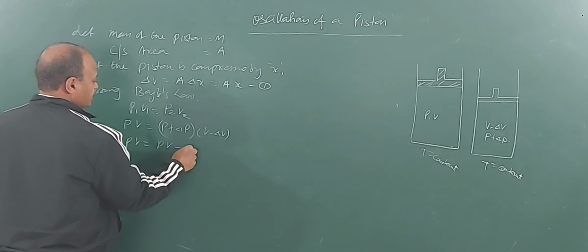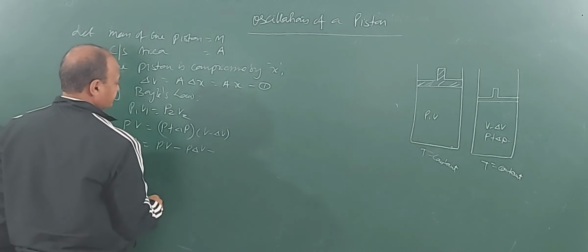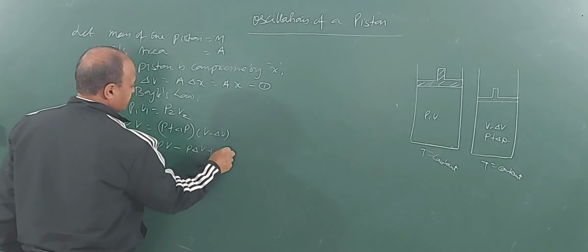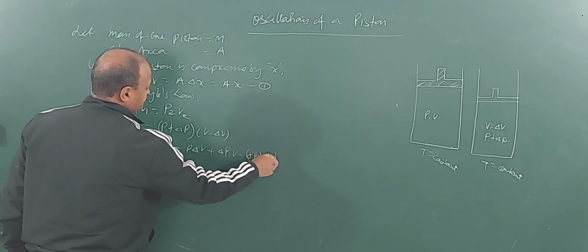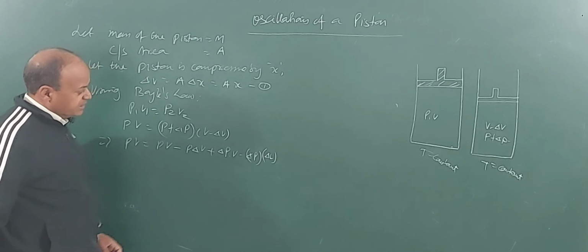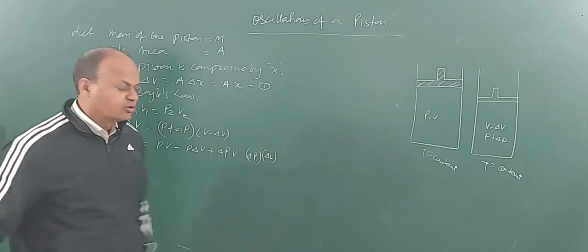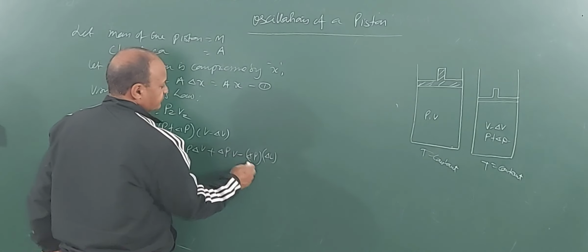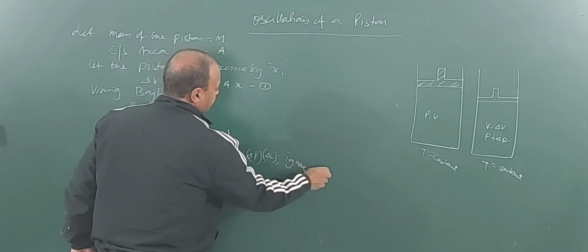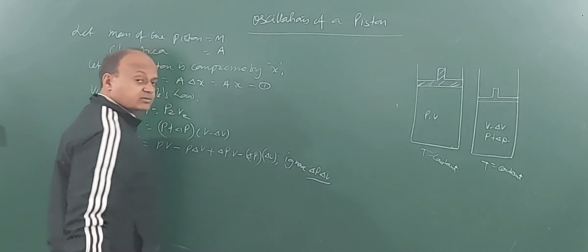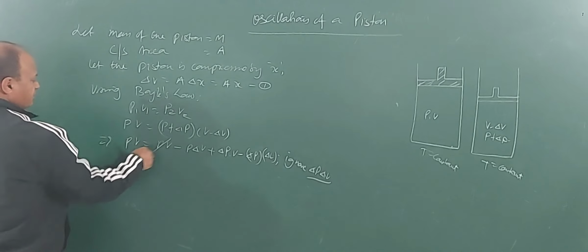PV minus P delta V plus delta P into V minus delta P into delta V. Children, this term delta P into delta V is very small and we can ignore. So we will ignore delta P into delta V.